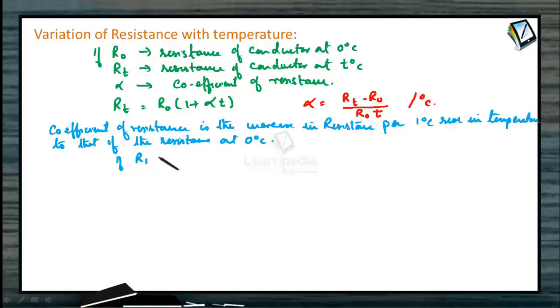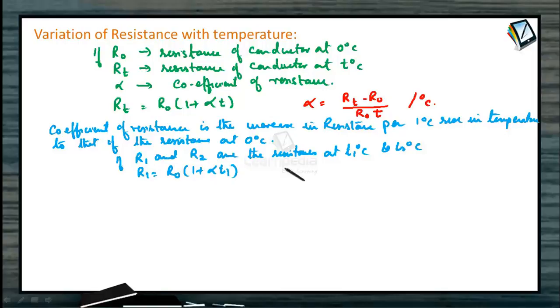If R1 and R2 are the resistances at T1 degree centigrade and T2 degree centigrade, then R1 is equal to R0 (1 plus alpha T1), and also R2 is equal to R0 (1 plus alpha T2).